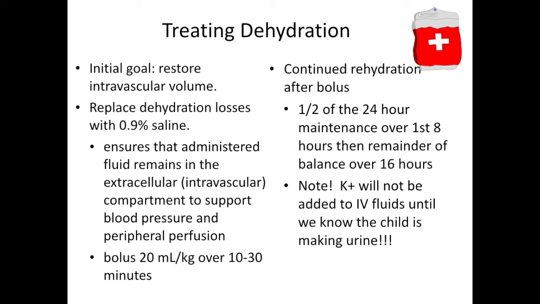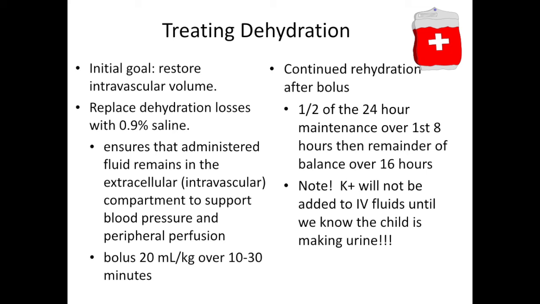When we treat dehydration, our initial goal is to restore the intravascular volume. We replace dehydration losses with 0.9 normal saline. It's very important that you not give potassium in the IV fluids until you know for certain that this child is making urine.